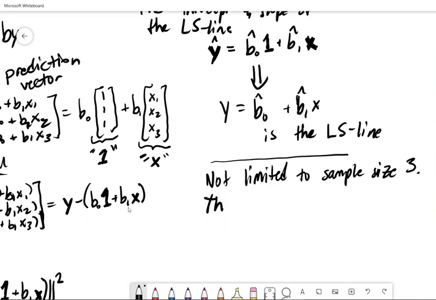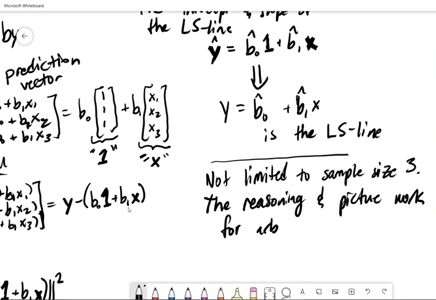The reasoning and picture work for arbitrary sample size n.